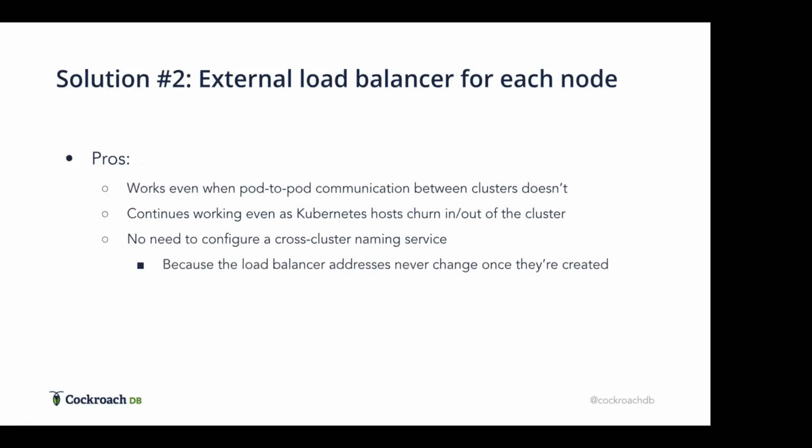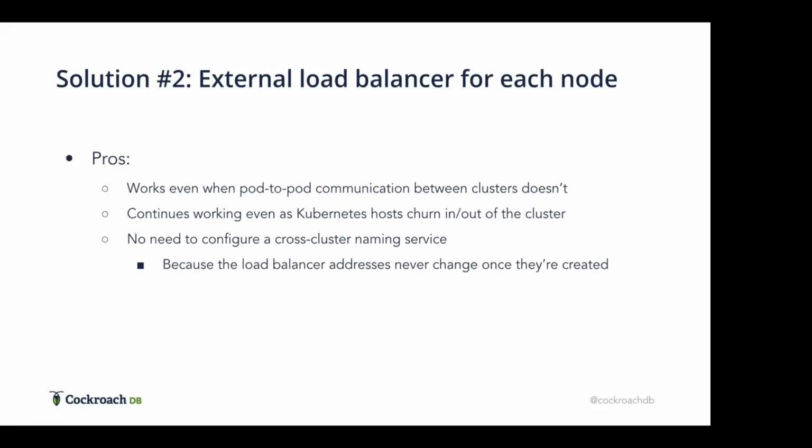And this is great because it works even when you don't have that pod-to-pod communication between clusters, just like in the previous solution. Because all communication between pods that are in different clusters is going through that load balanced IP address. And it continues working even as Kubernetes hosts churn in and out of the cluster. So it avoids that problem with the previous solution, because even if nodes are being deleted and recreated all the time in the cloud, it's okay because the pods are still using the same load balanced IP address.